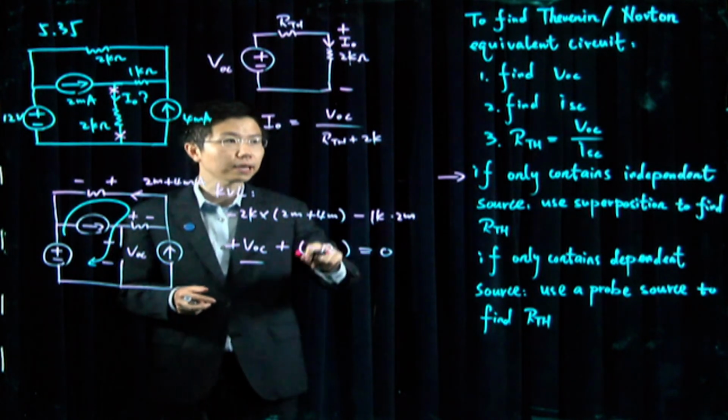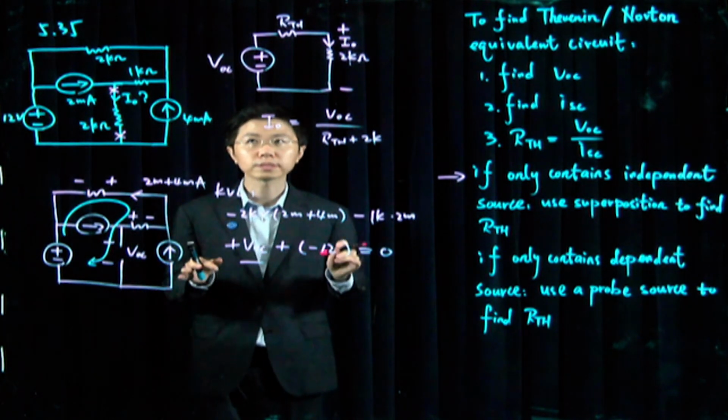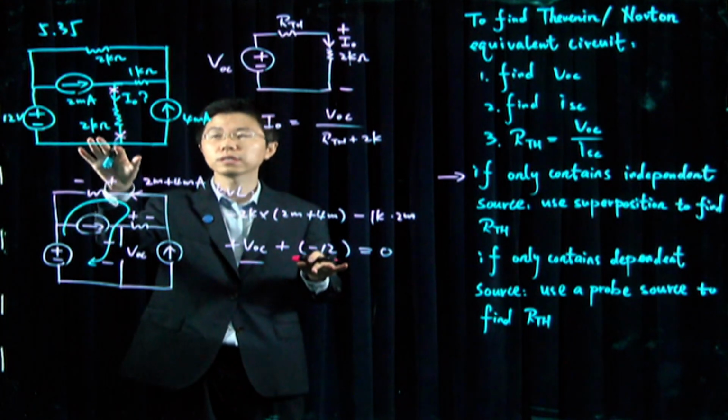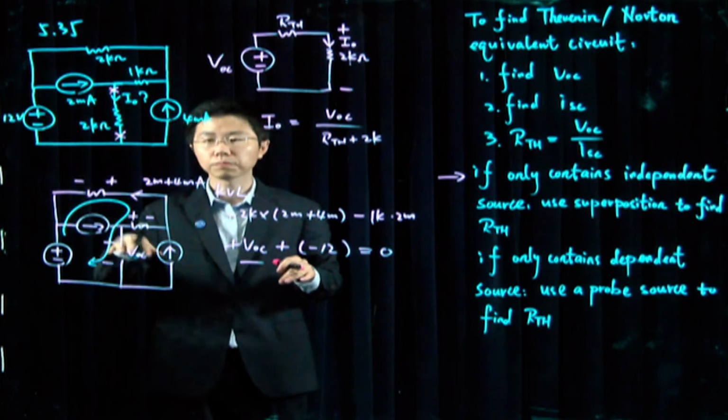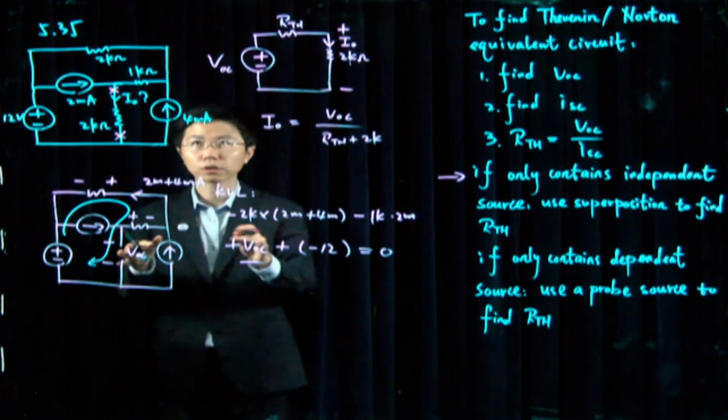By applying this idea of superposition, we're going to set all the independent sources to 0. And then our circuit becomes this.